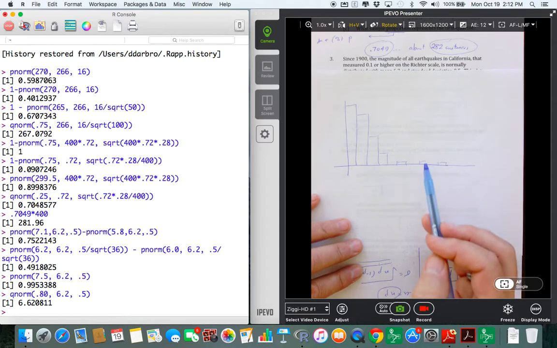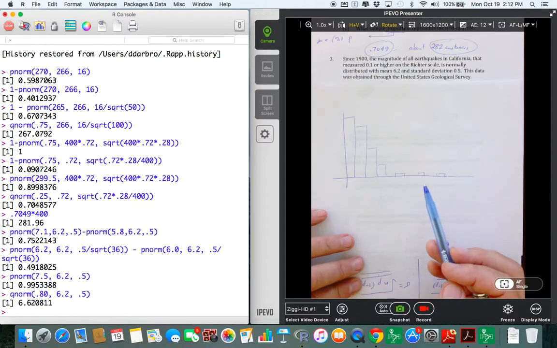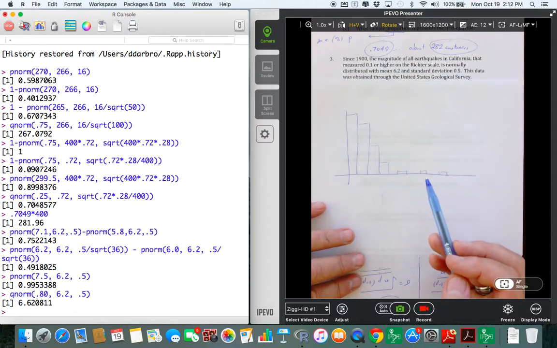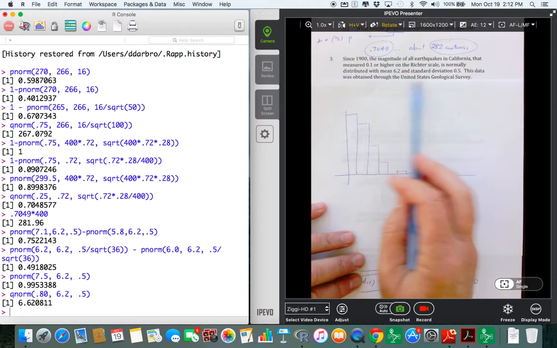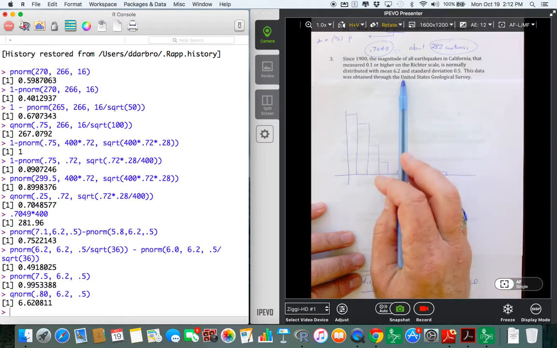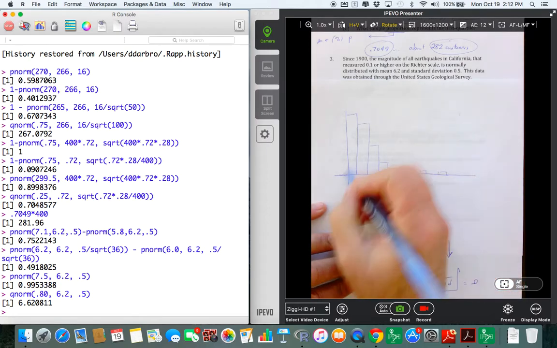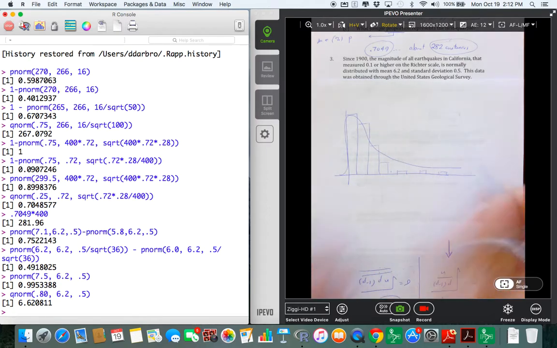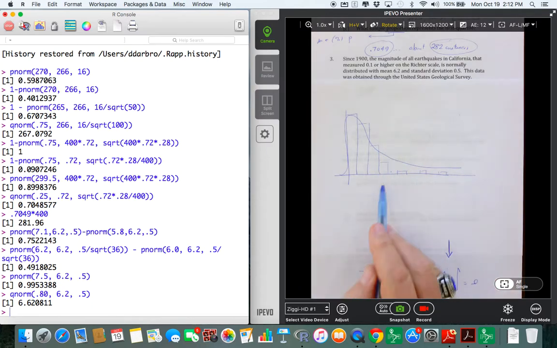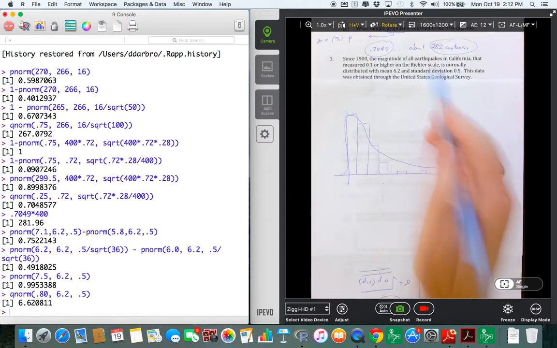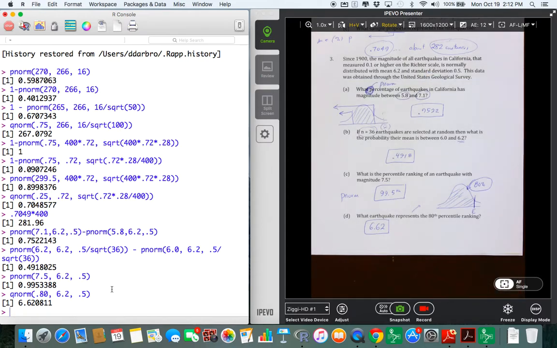So the fact that these are normally distributed, I question that. I have no reason to question the United States Geological Survey, but I would have thought this distribution would have been positively skewed, but apparently not. And if it had been positively skewed, we can't work the problem because of that norm thing there. That Q norm requires you to have a normal distribution.